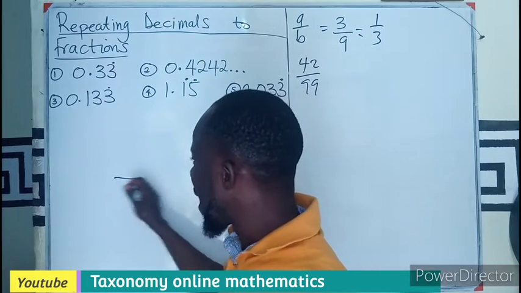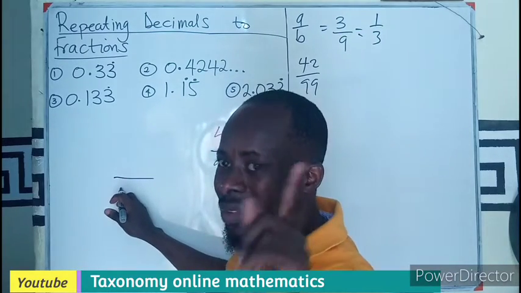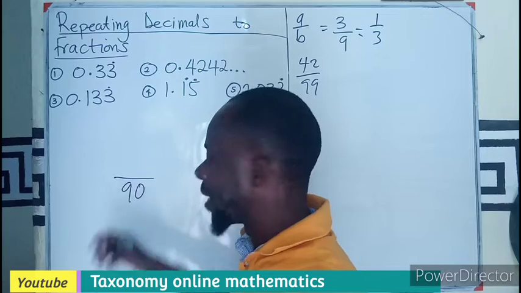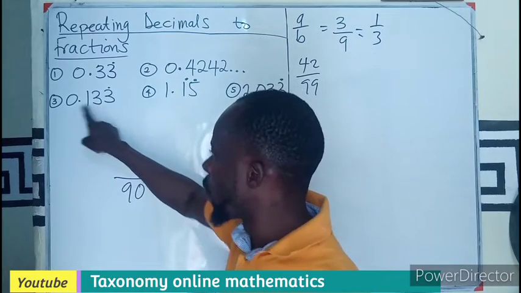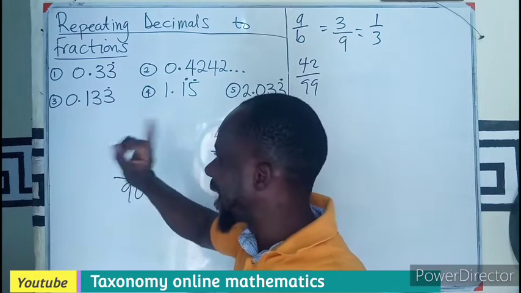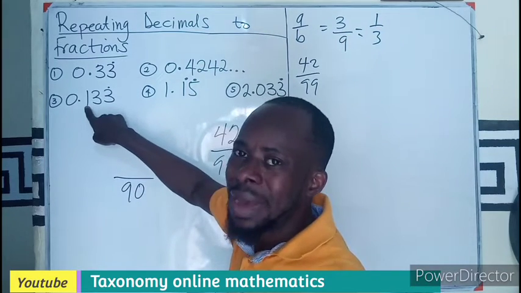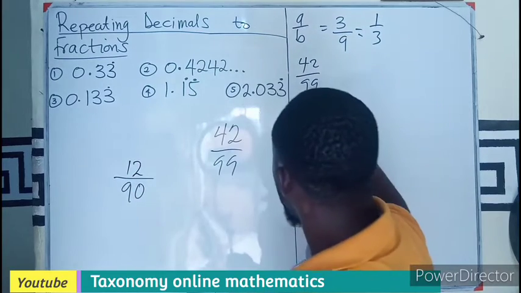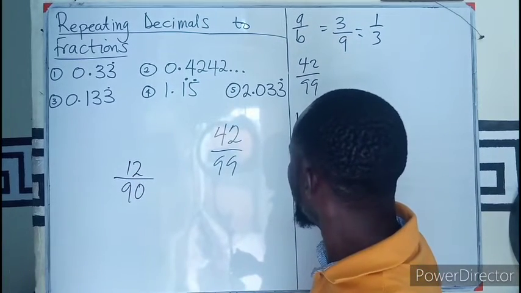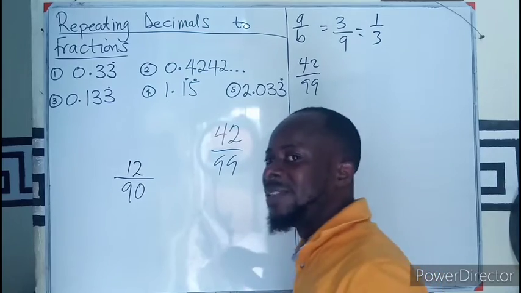So my denominator will be 100 minus 10, and that will be 90. So now this will go to become 13, but now 13 minus the number that is not part of the recurring will give us 12. So the number 3 will also be 12 over 90.